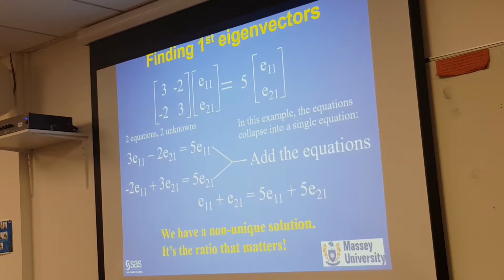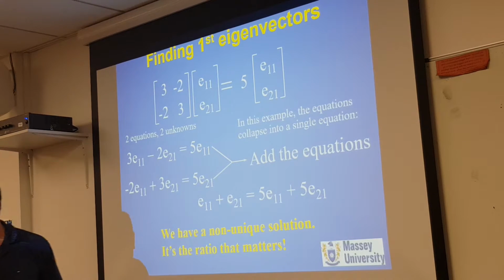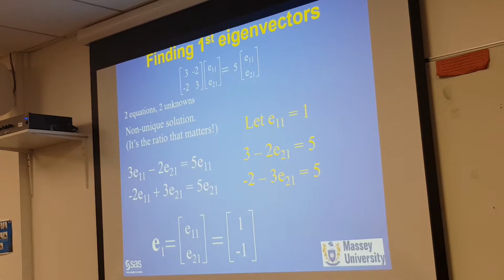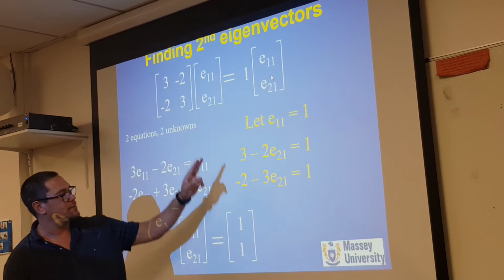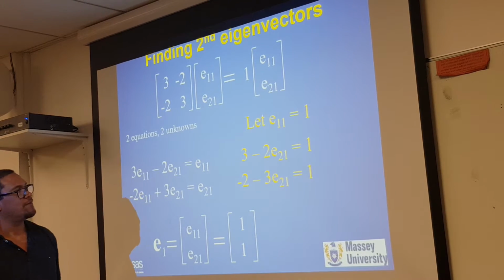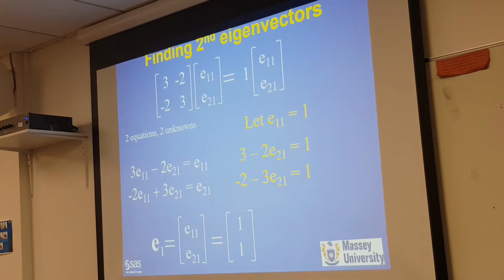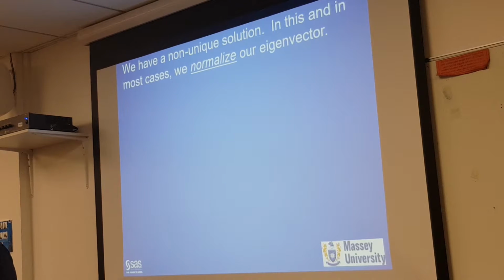The eigenvector for the 5 comes to this 1, 1 solution here, or 1, negative 1 solution here, and the eigenvalue 1 is associated with a 1, 1 eigenvector.